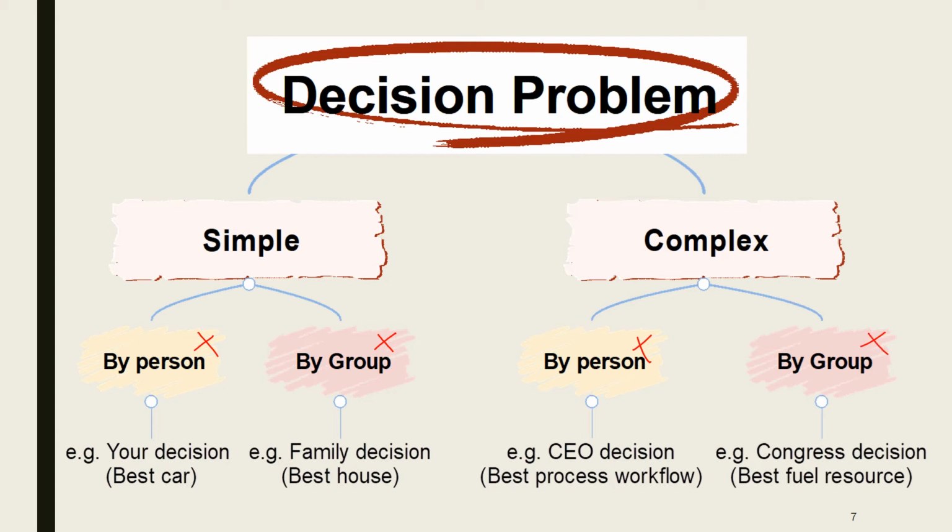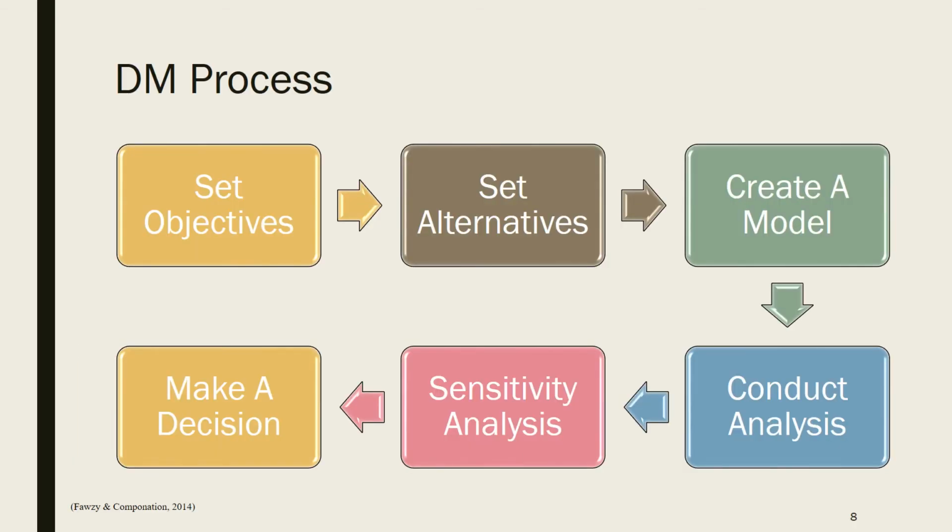So in this case, again, we can divide the simplicity of the problem into two categories, the simple and complex. And those decisions could be made by either a person or a group.